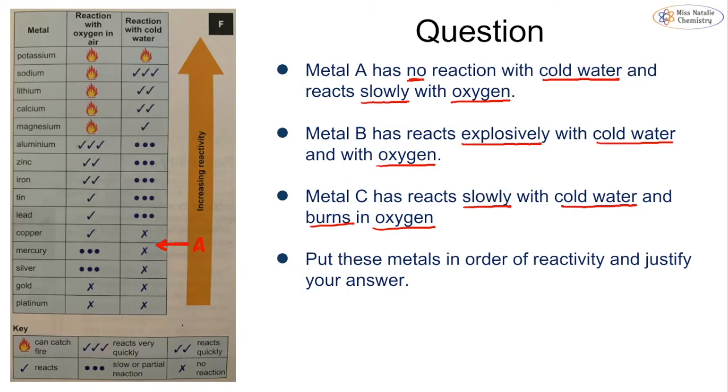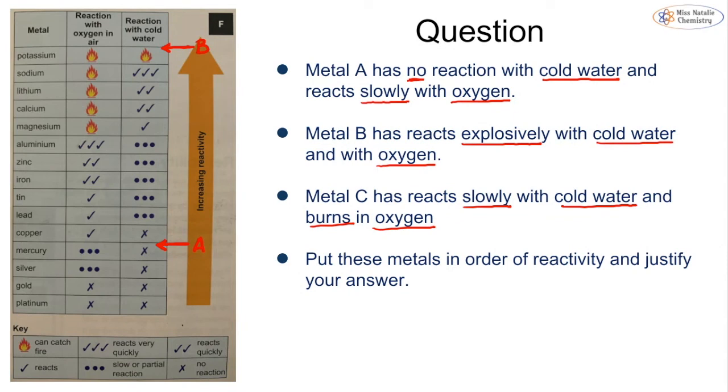Metal B reacts explosively with cold water and with oxygen. Now that's probably going to be near the top because we know that we have that explosive, and the only metal that does the same is potassium. So it either has to be above potassium or slightly below. So we're just going to put it above potassium here. So this is metal B.